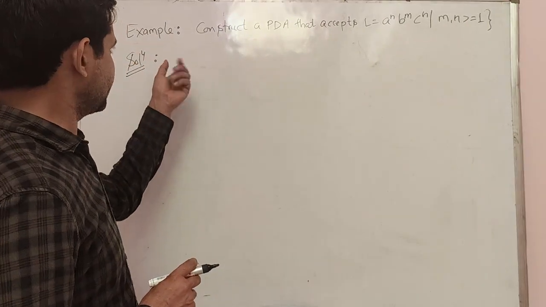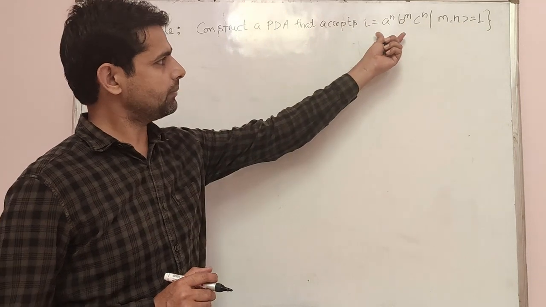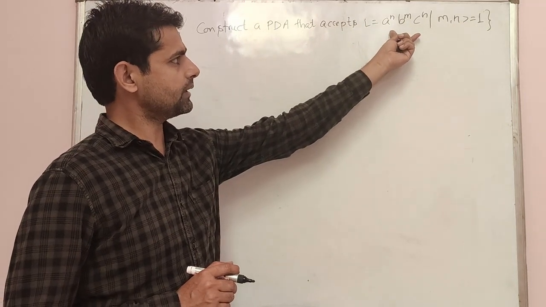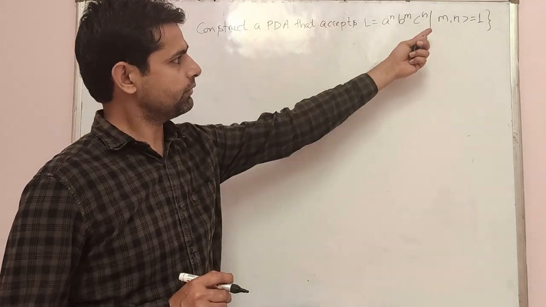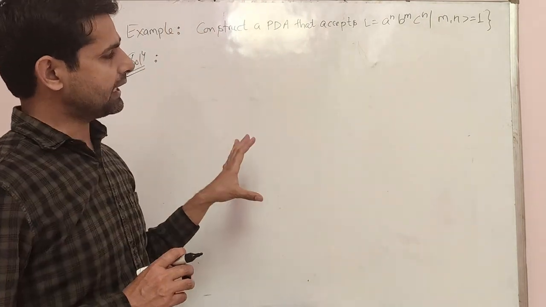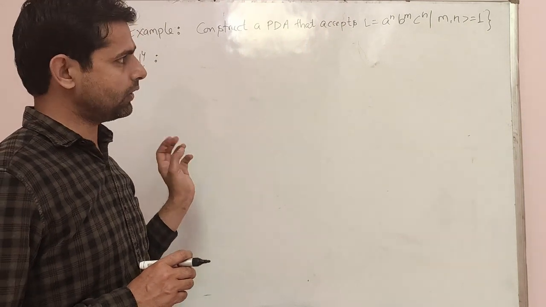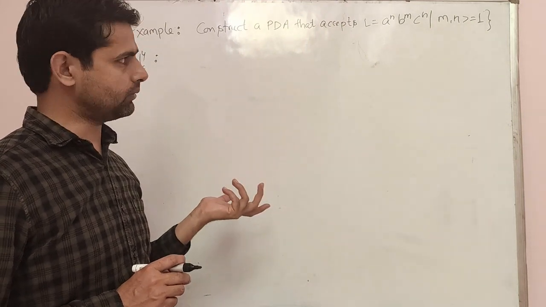The next example is: construct a pushdown automata that accepts L equal to a to the power n, b to the power m, c to the power n, where n and m are greater than or equal to 1. In that case, the values of m and n may be different or they may be equal.